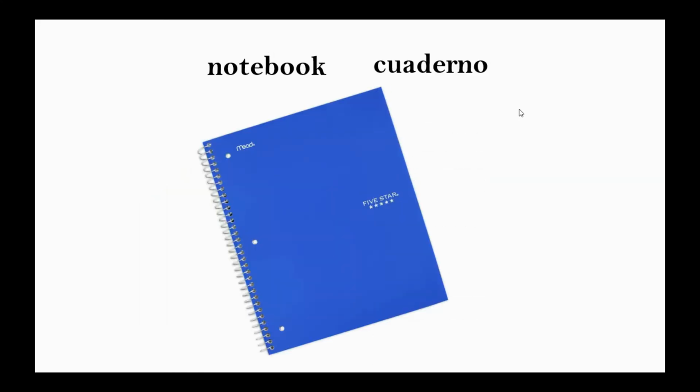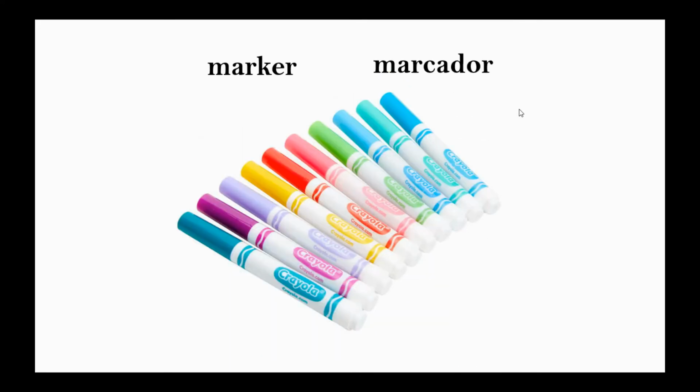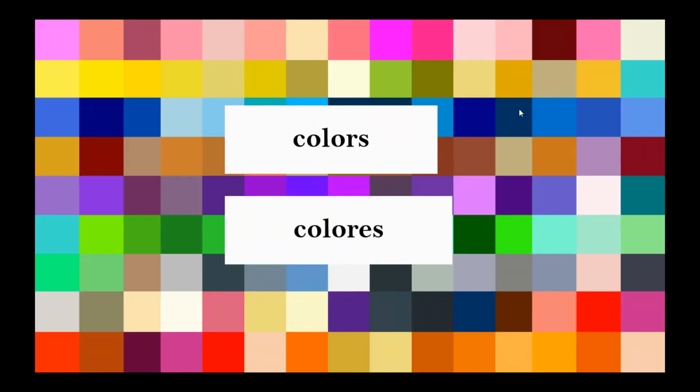Moving on. Cuaderno. Marcador. Colores. Colors in general. Rojo. Anaranjado. Just take your time and sound it out. Amarillo.